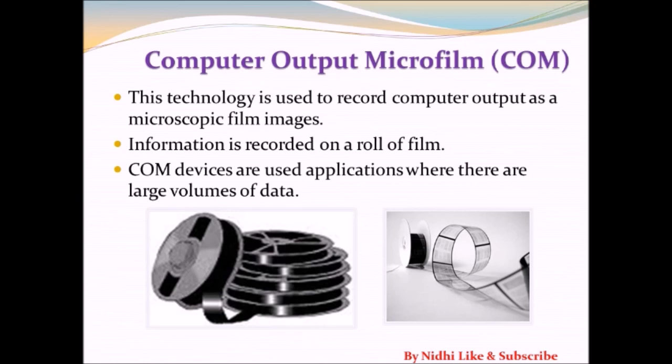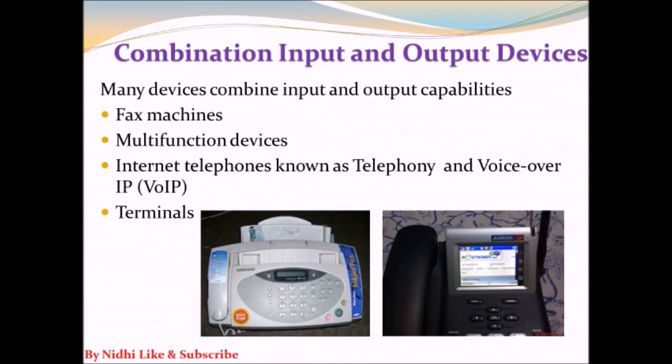Okay, and a few combinations of input output devices are the fax machine. It is used as an input as well as an output device. Fax machine's full form is facsimile machine. And multifunctional devices and internet telephones, known as telephony or voice over internet, are also used as input output devices. That is, the input is dialing the numbers, and the output is that we get the voice as a result.